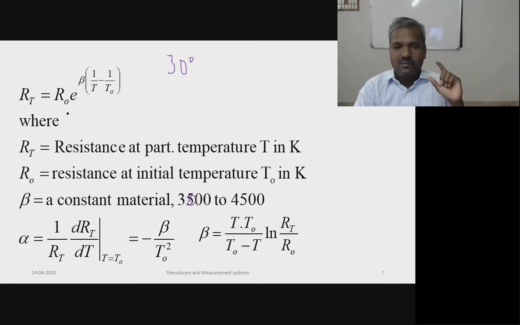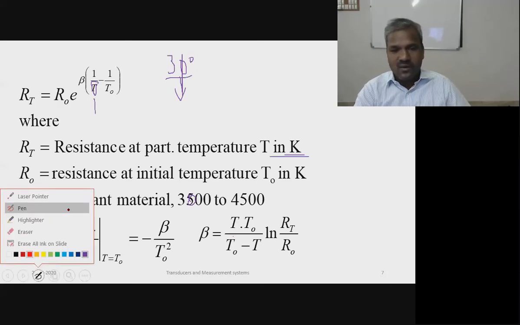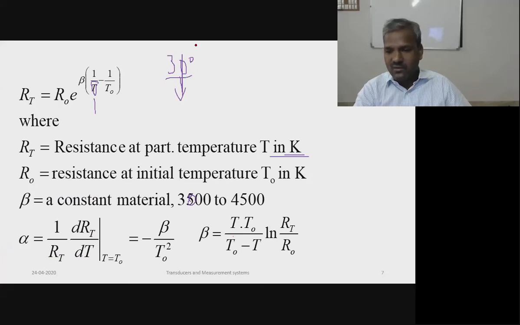Whereas in this relation, please don't forget, you should convert degrees Celsius into Kelvin. We should substitute the temperature value only in Kelvin. This is very, very important. Clear?